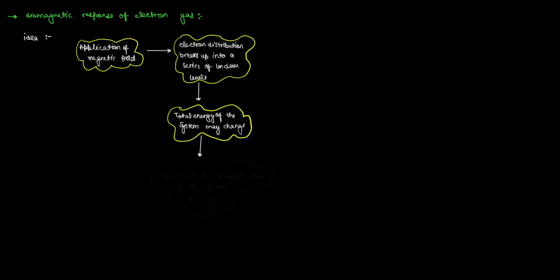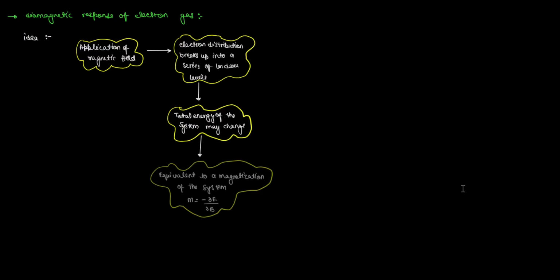And this situation is equivalent to a magnetization of the system, since magnetization corresponds to the change in free energy with respect to the applied field. And this will give rise to Landau diamagnetism. And the Landau susceptibility will be given by the double derivative of free energy with respect to the magnetic field.